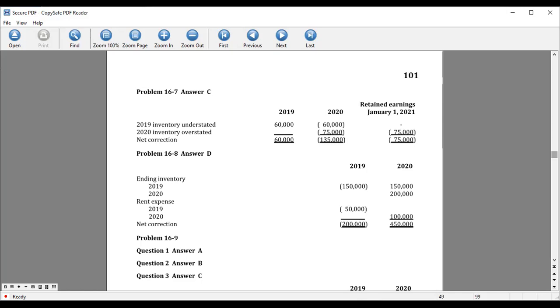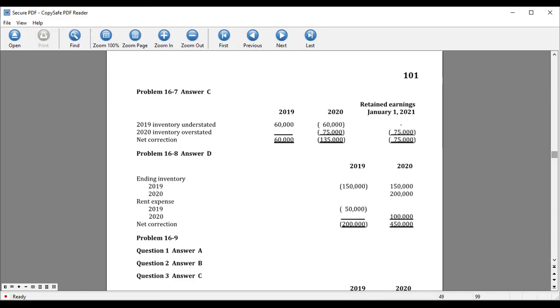This was an overstatement of your rent expense, meaning the net income was understated, so we have to add back. For 16-8, the answer is 450,000 understated for 2020.